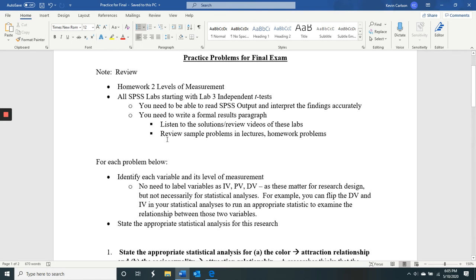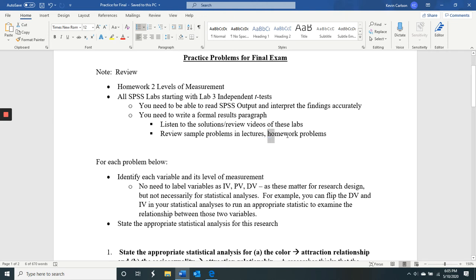Also, we have a ton of sample problems in our lectures. So those sample problems in our lectures that you were tested on in the exams have formal results paragraphs that you were writing. So I would review your old lectures and your notes for the exams because we had formal paragraphs for each inferential statistic.